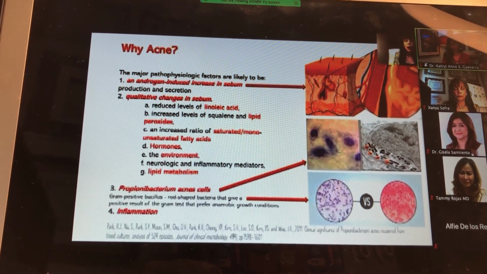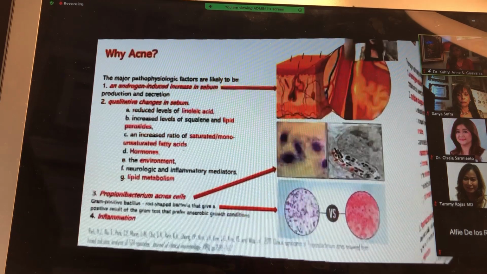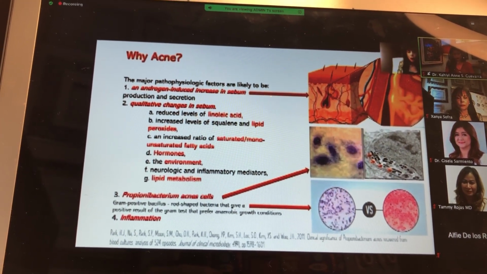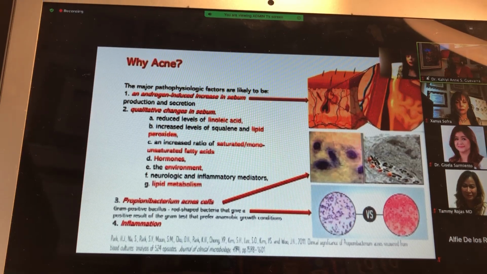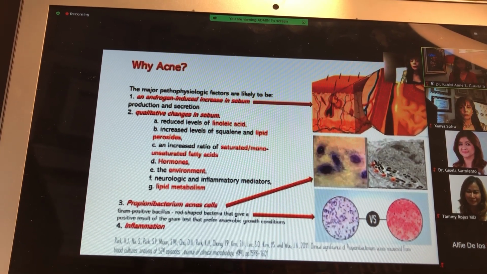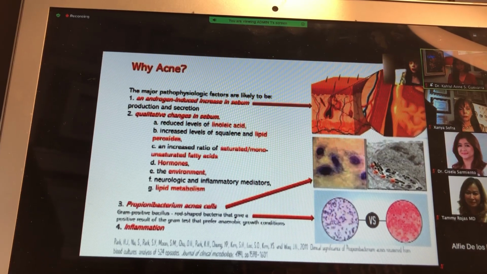Another aspect of this is the Propionibacterium acnes cells. These are gram-positive, rod-shaped bacilli that give a positive result on the Gram test and prefer anaerobic growth conditions.